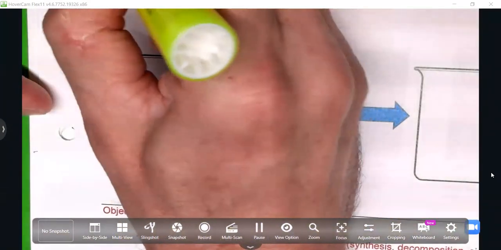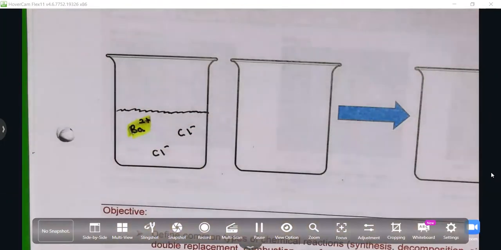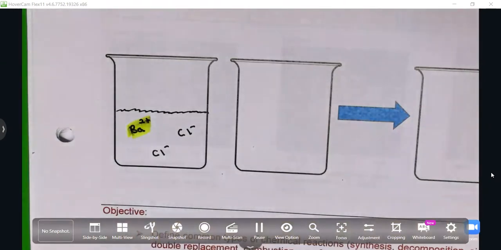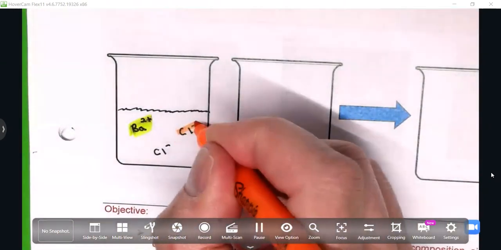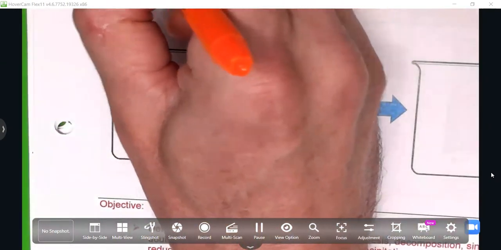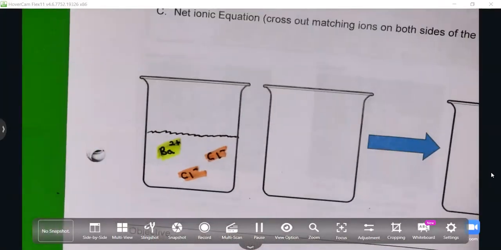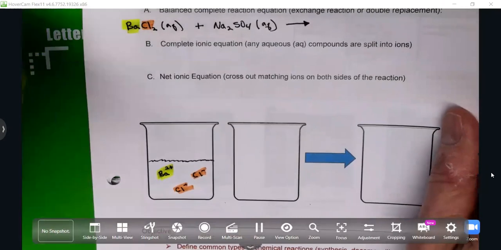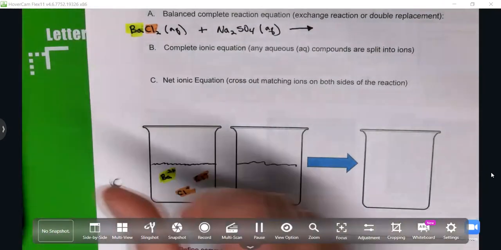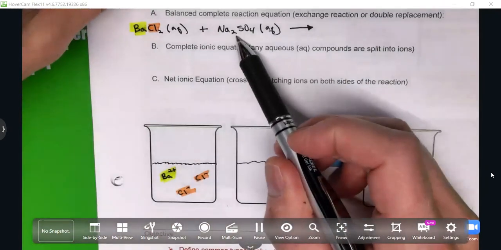And I'm going to color these to keep track of them. In the other beaker, I'm going to make the beaker half full, floating around in there is sodium, 2 sodiums right here.